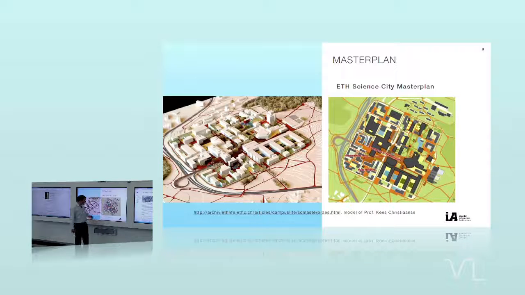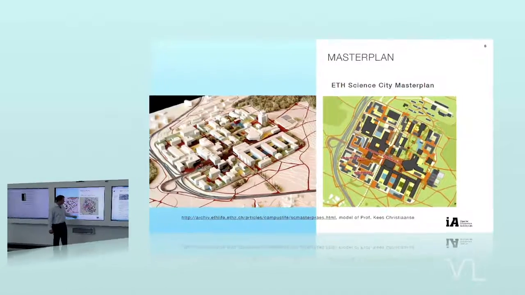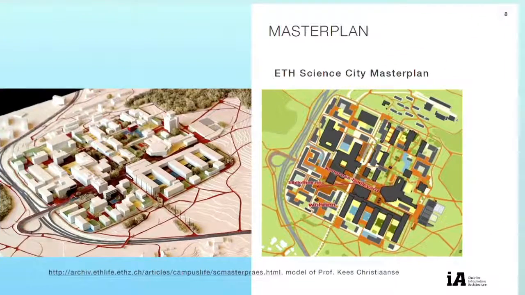A very clear structure has been developed, with this Congress Boulevard and so on, and the living, everything else is very shortly connected to each other, and the old fabric of the old campus is still maintained.